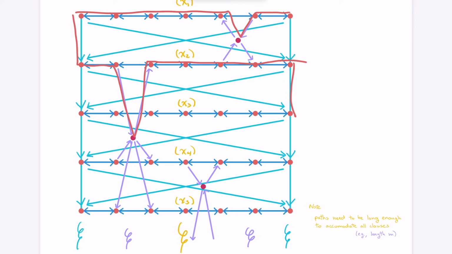No, that's got to be a mistake. Yeah, you're right. So maybe it's like this or something. The middle route.